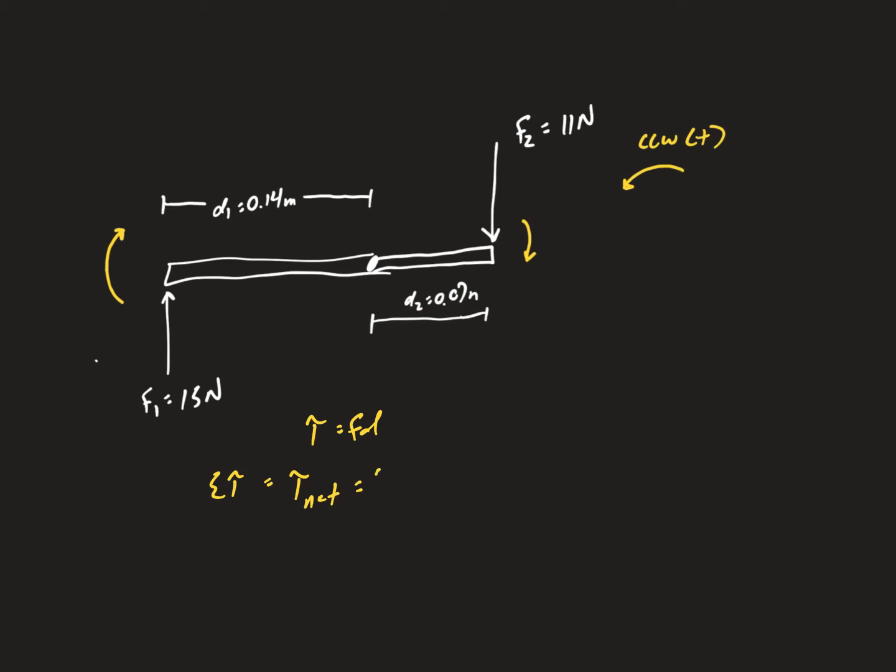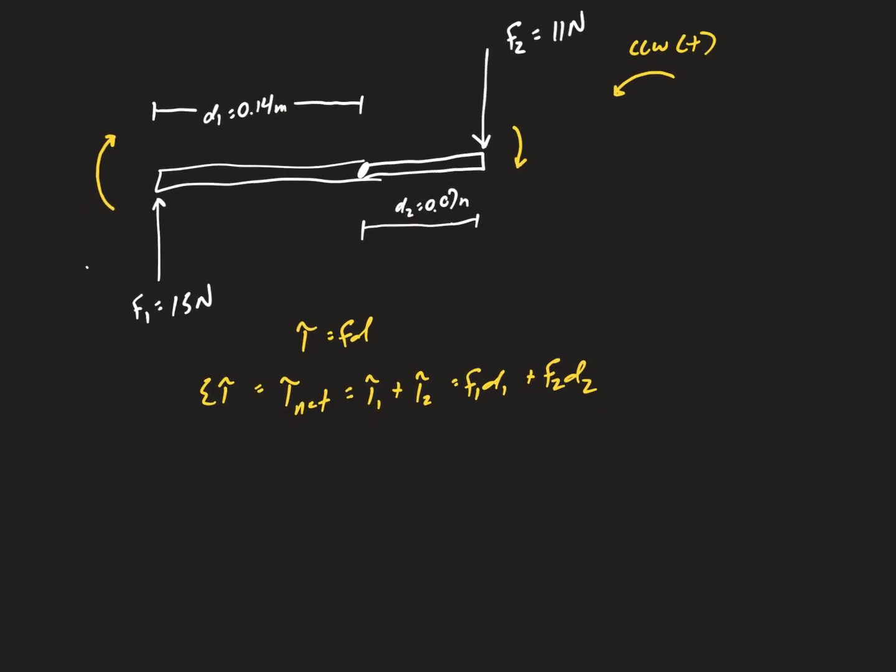It's basically torque 1 plus torque 2, right? Which is basically saying F1 D1 plus F2 D2, right? That's kind of how that works out there. So I'm going to say the net torque here, I'm just going to use F1 D1 plus F2 D2.